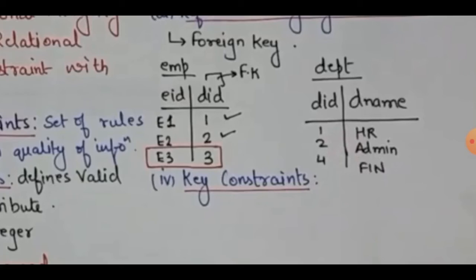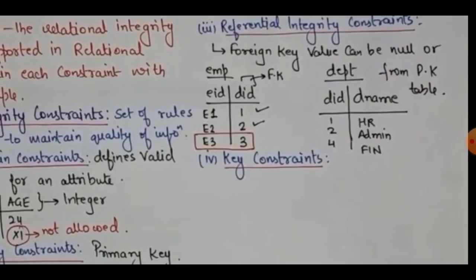So when we enter 3 into the employee table, it will give you the error because it does not belong to the department table data. Here we have the definition of the referential integrity constraint, which means the foreign key value cannot be null, or it must be from the primary key table. Like we are using the foreign key in the employee table, department ID 1, 2, 3, it should not be null.